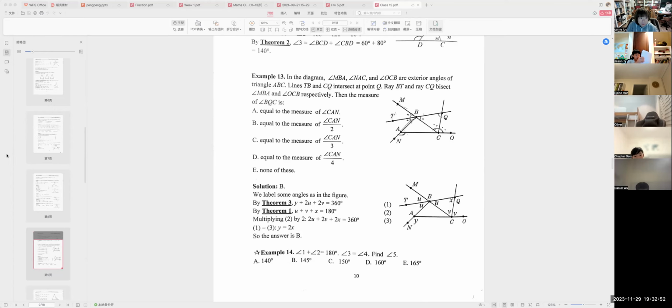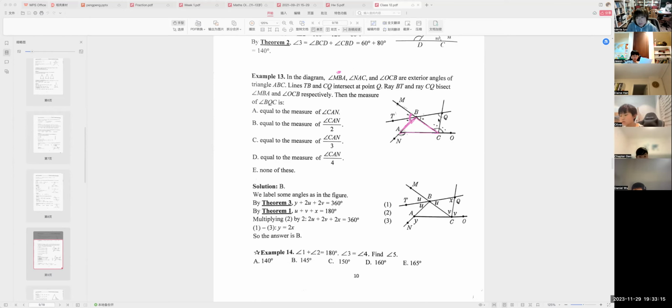Okay, so for everybody, when we're learning this part, I strongly suggest you draw out this triangle ABC. So we're talking about these two angles. So MBA, we use a pink color.